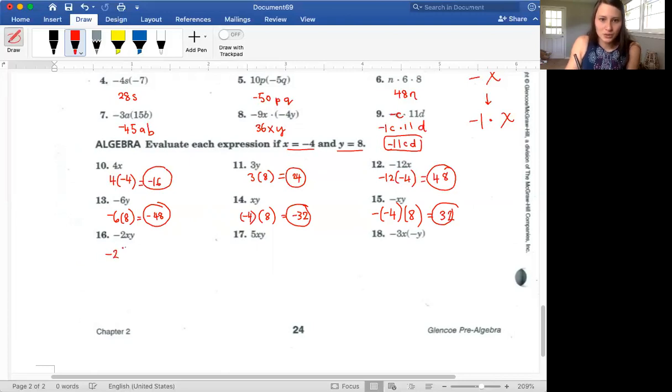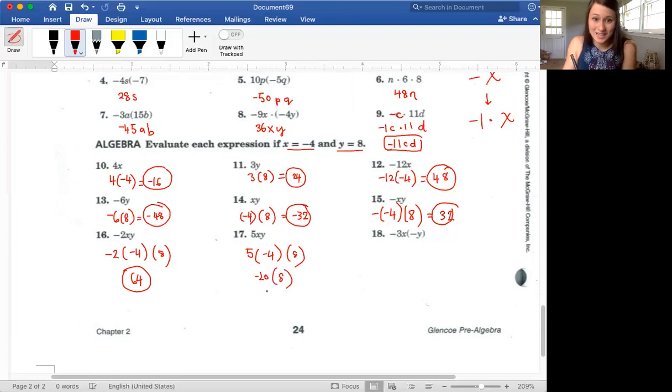16, -2 times -4 times 8. So -2 times -4 is 8. 8 times 8 is 64. Again, 5 times -4 times 8. 5 times -4 is -20. -20 times 8 is -160.